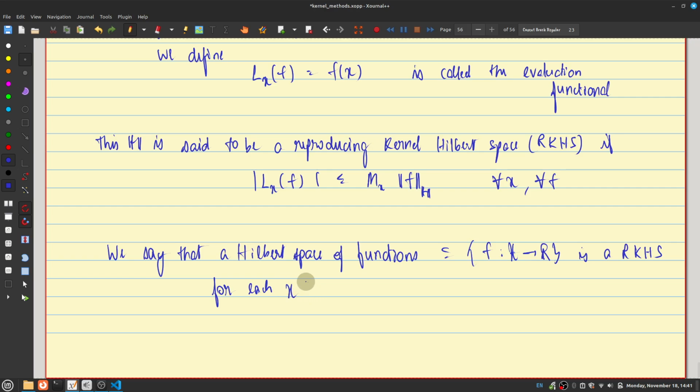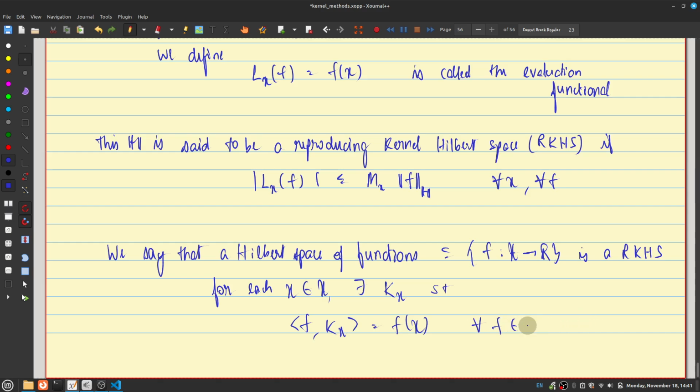For each x in the domain, you can find a function k subscript x such that the inner product of any function f from this Hilbert space with this k_x is simply the evaluation of f at x. So this inner product essentially can be evaluated just by taking the evaluation of f at x.